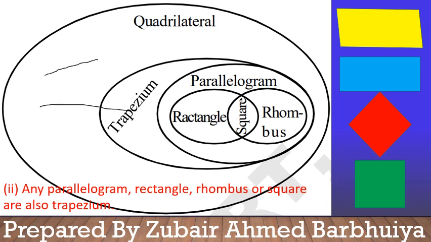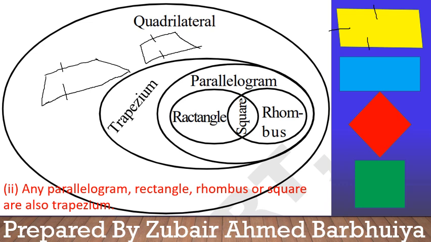So I have drawn two figures. These two sides are parallel to each other. Here in this figure, these two sides are parallel to each other, so these two are also trapezium. Here in the parallelogram, this side and this side are parallel to each other, so this parallelogram can be considered a trapezium.